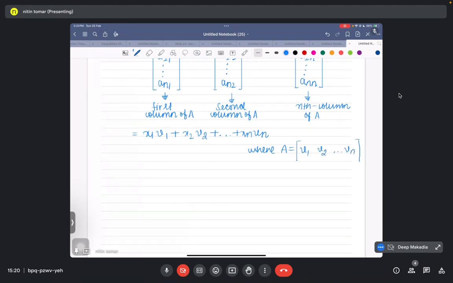Am I correct? This is the column, so I can write it this way.